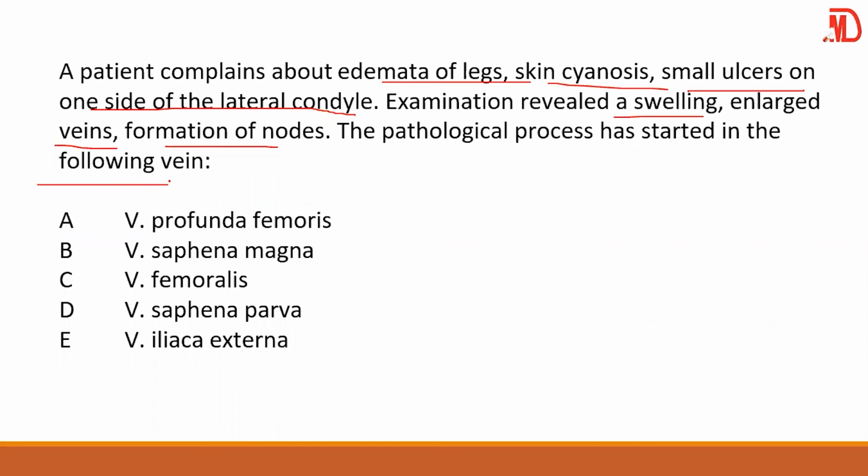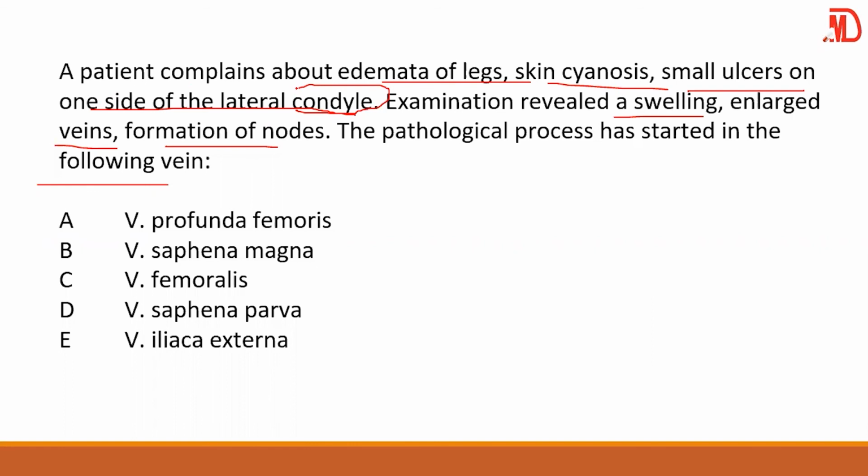And over here, they say there are small ulcers on one side of the lateral epicondyle. So that comes to our mind. Now, the great saphenous vein arises from the medial portion of the dorsal venous network.